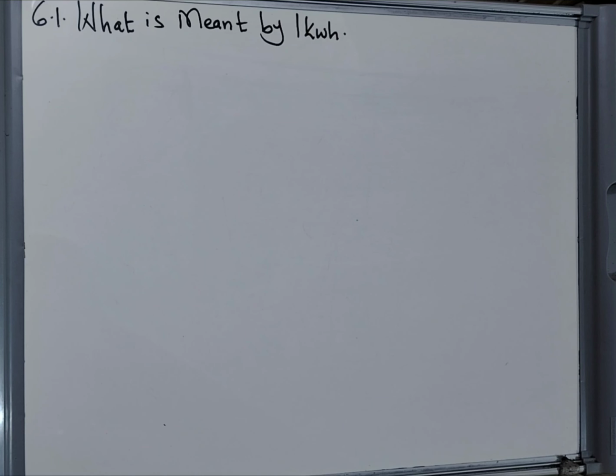So the amount of energy which a device having power of 1 kilowatt consumed in 1 hour is what we call 1 kilowatt hour. It is the standard unit for measurement of electricity consumed.